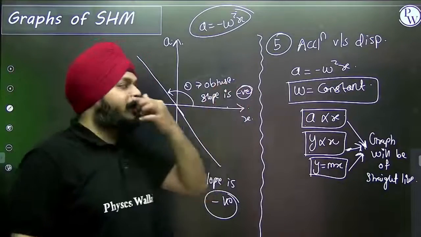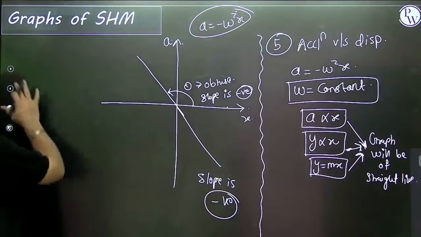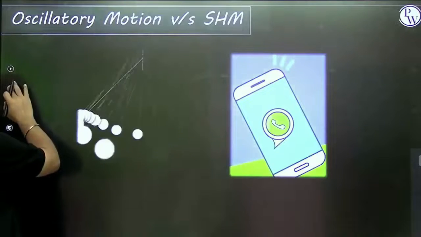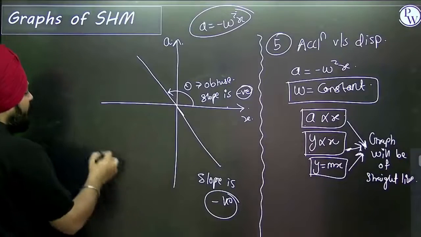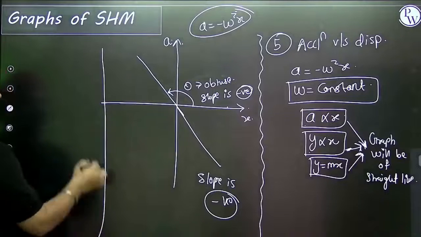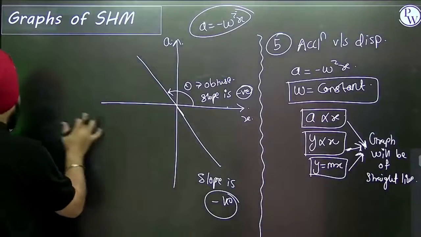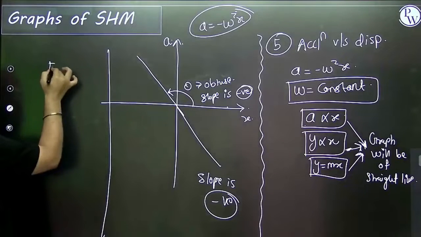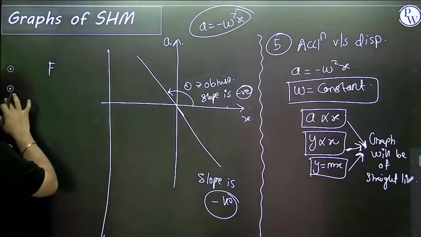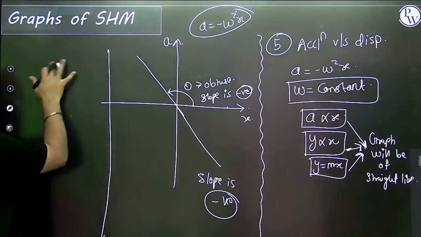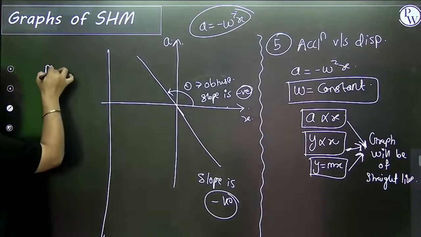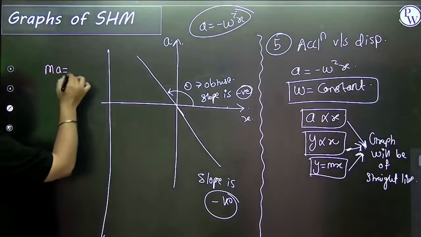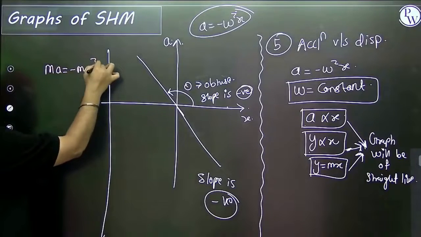Similarly, if you want to calculate the force versus x graph, we are having the same thing. F versus x: we can write F as m a, and a is equal to minus m omega square x.